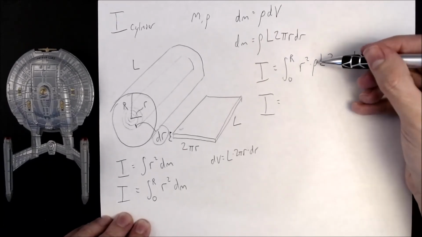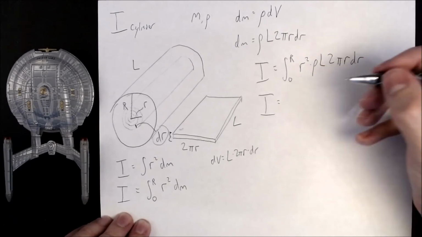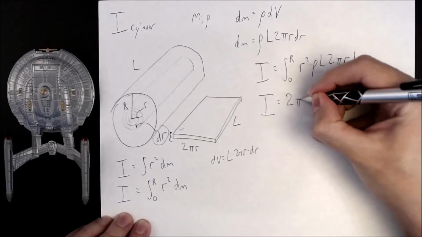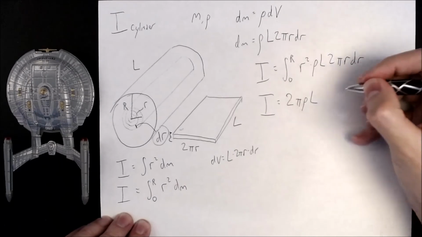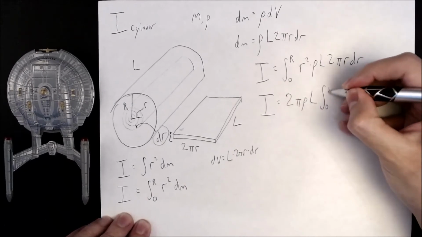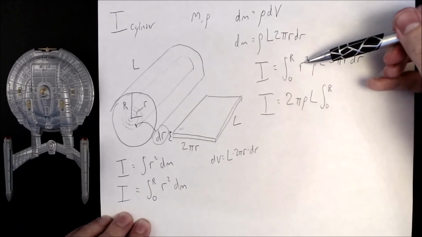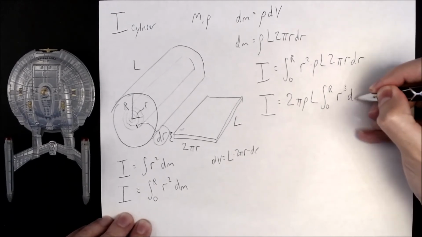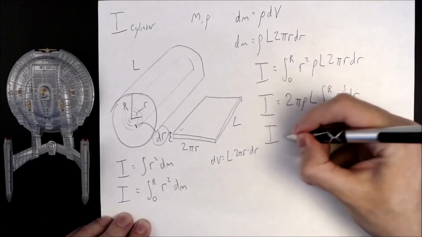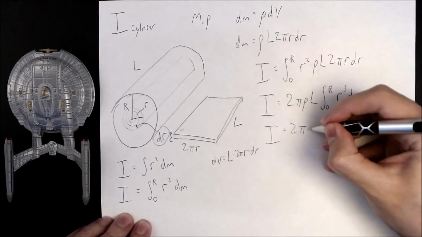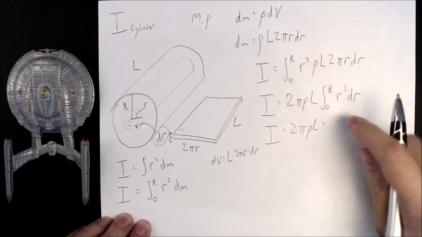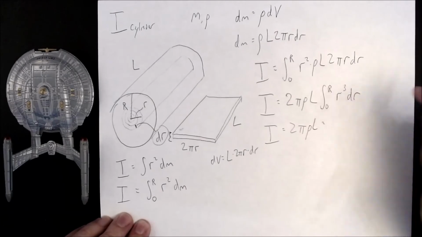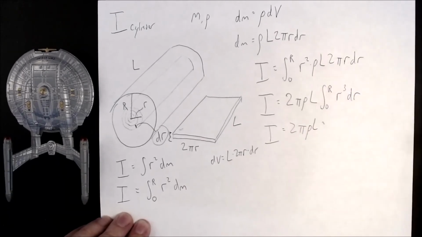So it's going to be 2 pi rho L integral from 0 to r of r cubed dr. Oh, that's not an equal sign, sorry.